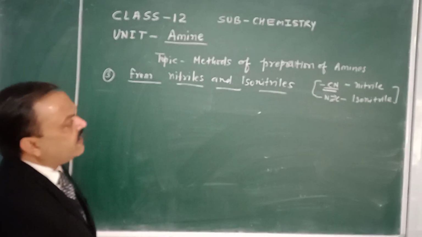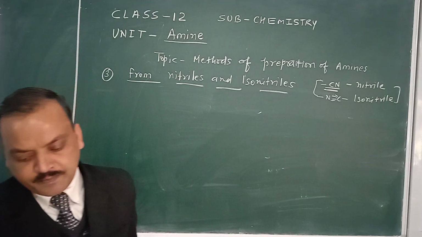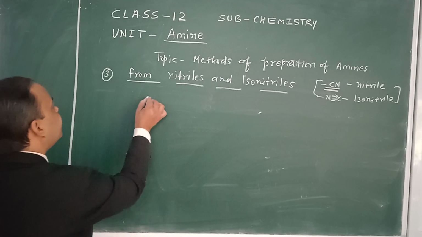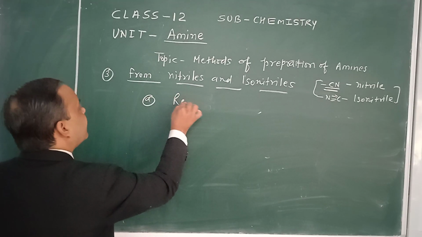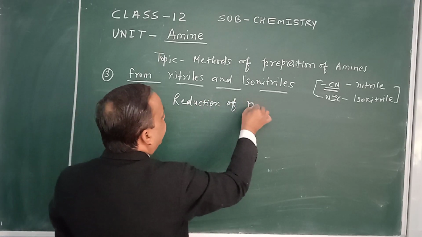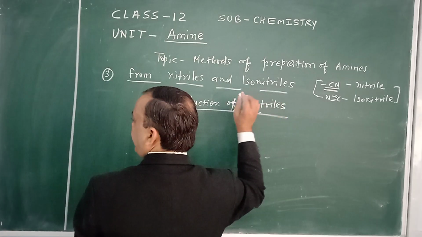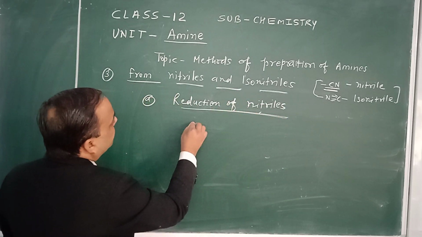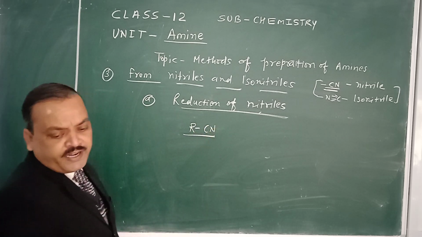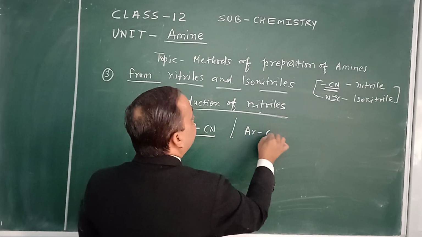So how do we convert the nitrile compounds into the amine? Basically, we have reduction of the nitriles. In this reduction of nitriles, we use compounds where an alkyl group is present, or else an aryl group is present.